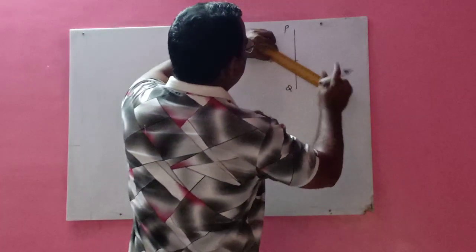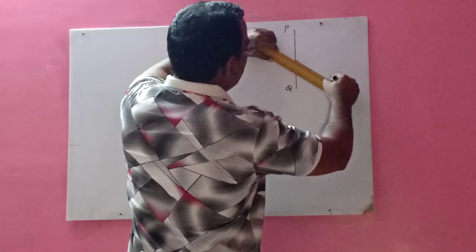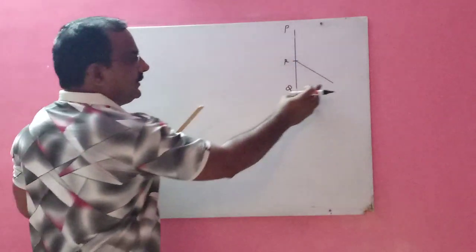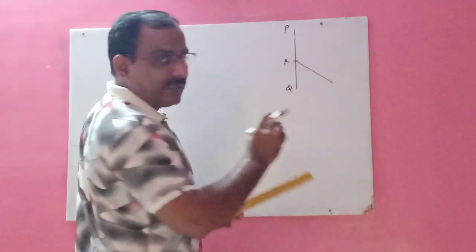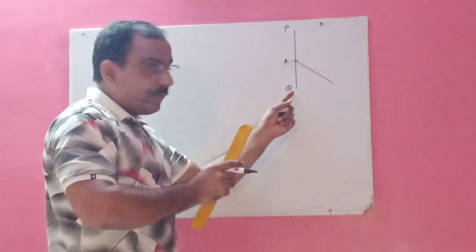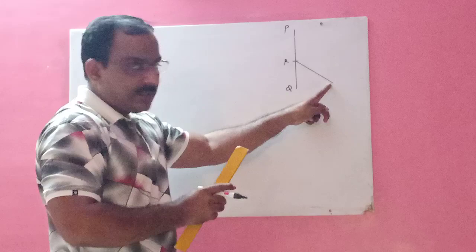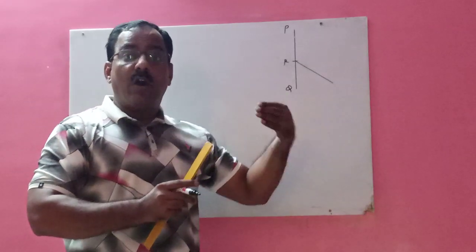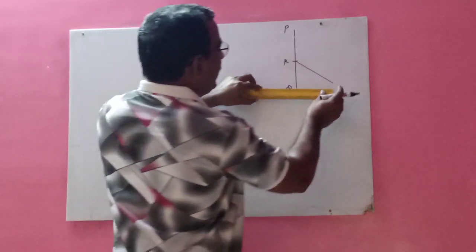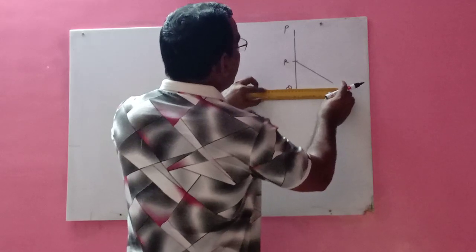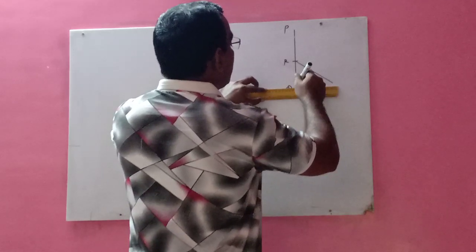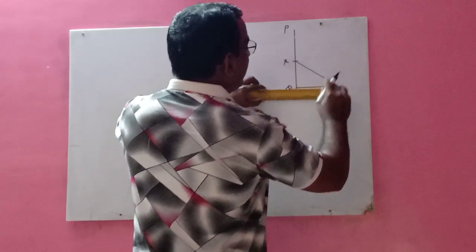And this rested part is 20 meter away from the tree. I mean to say that this length is given 20 meter.